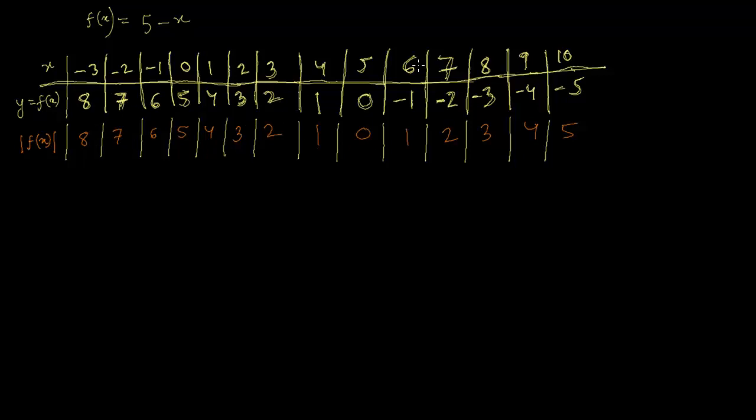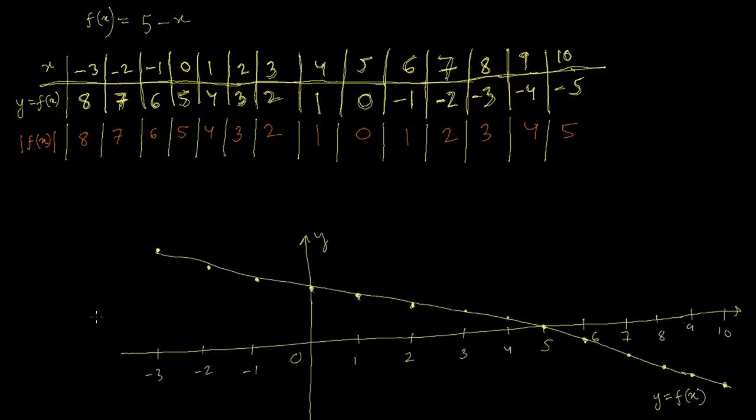But look here, when x equals 6, we have minus 1. So the absolute value of minus 1 is 1. Absolute value of minus 2 is 2. So you see, only the region that is negative is affected when you have an absolute value. So here, if this is the original sketch, for the absolute value of f(x), what would happen?